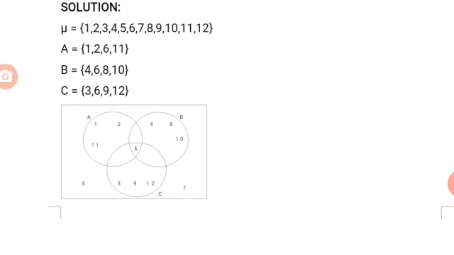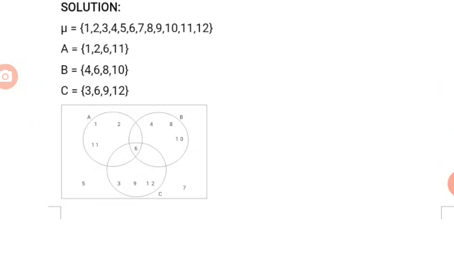What we are going to do is look at whether the three sets have something in common, that is the intersection. That is what is common to the three sets. If you look critically, the element common to the three sets is 6. So you put 6 at the center.